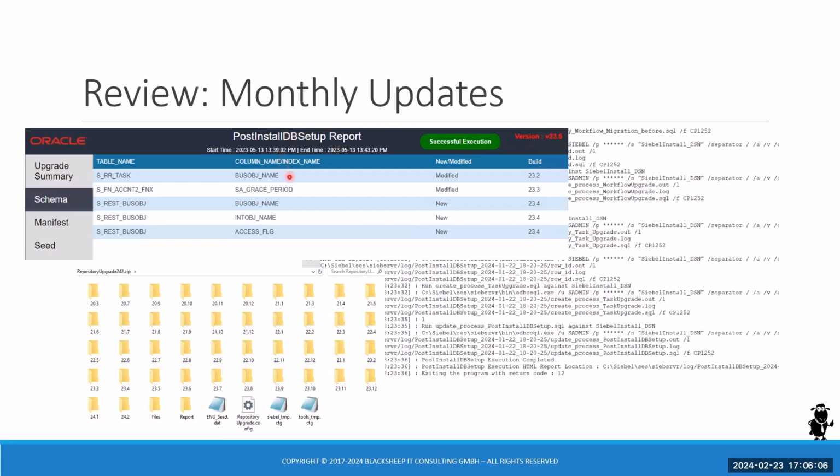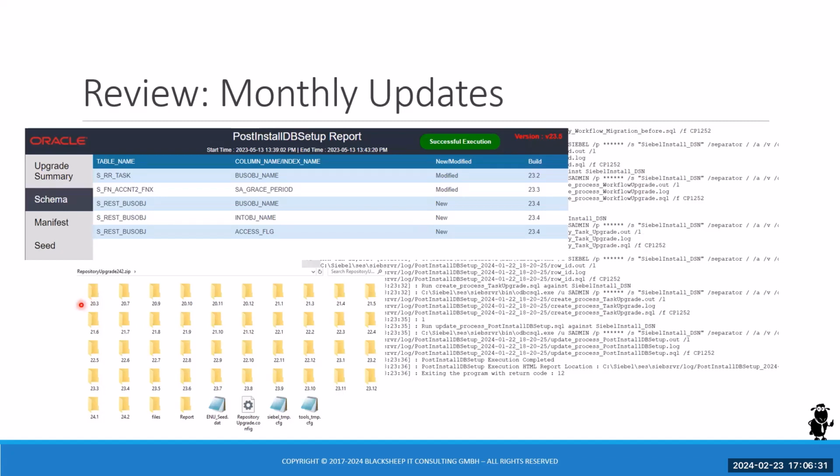And we have this nice little report, the HTML report. We have a big log file, or actually a great bunch of log files to check if everything goes okay. And then there's the repository upgrade. I've just opened the zip file for the repository upgrade, which you find in your Siebel server bin folder. So that's for 24.2. And it started all in 20.3.